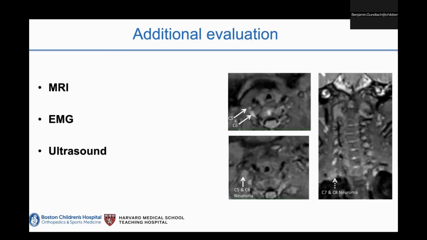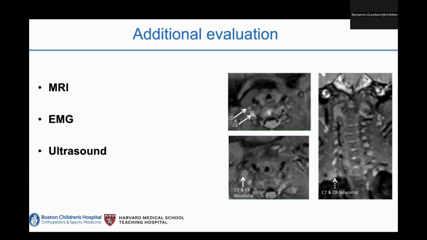EMG and nerve conduction studies are another group of tests that in some centers are very commonly performed, and providers find extreme value in these tests, whereas other centers almost never get EMG and nerve conduction testing, either due to feasibility, in which they don't have contributors to the brachial plexus program and allow for easy access to this testing, or have not found the data that it provides useful.